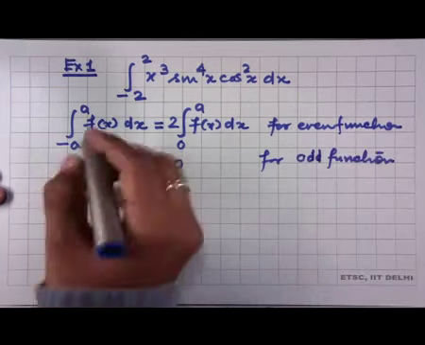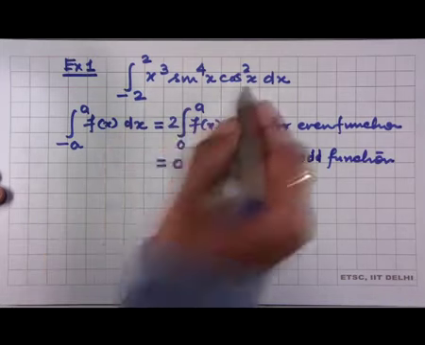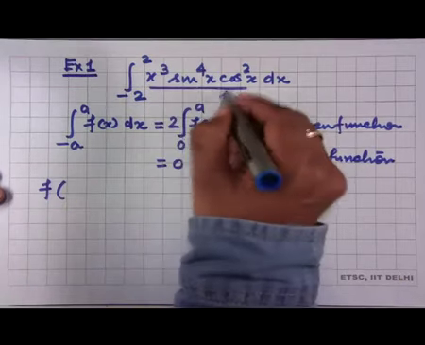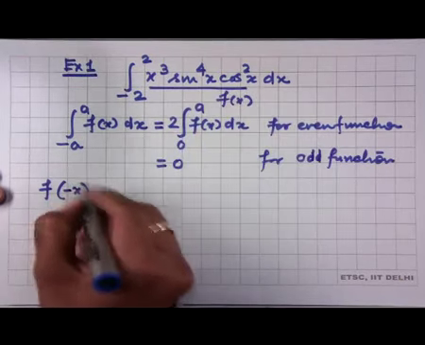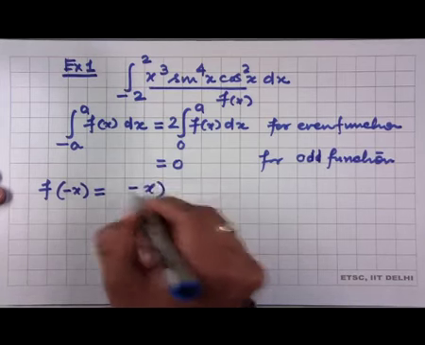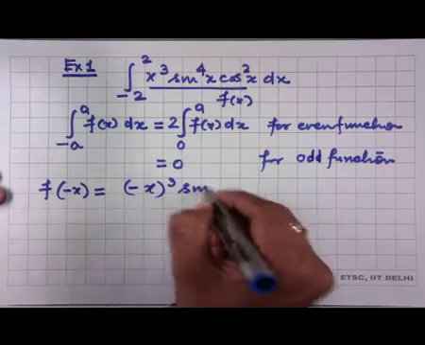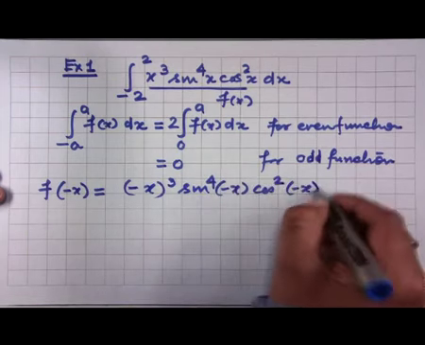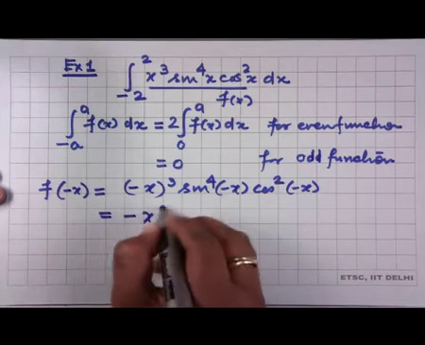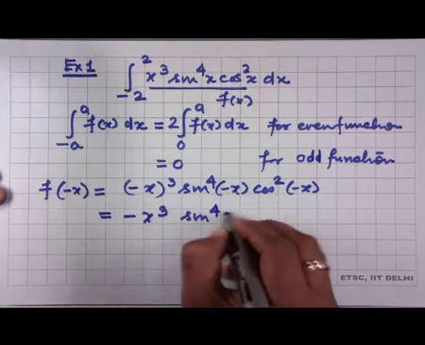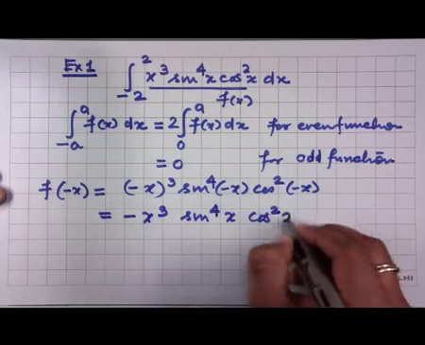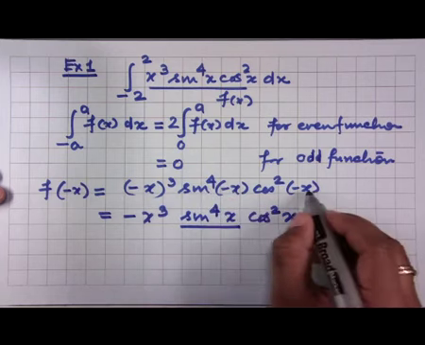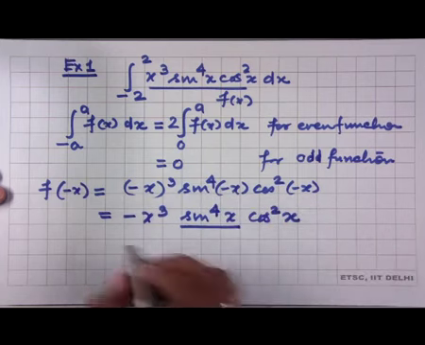So we must first try to find out whether this integrand is odd or even. So if f(x) is this integrand, let us check whether it is odd or even. So we get, here we will get a plus sign because it is an even power and cos of minus x is cos x.